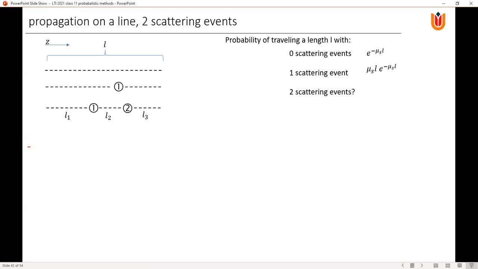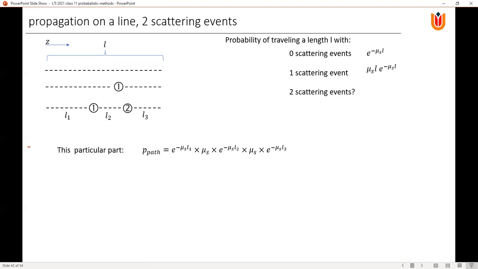All right, now how about 2 scattering events? Same length. What is the probability of transmission along this line when we have 2 scattering events? For this particular event, we would have a probability of traveling to L1, that is without any interactions, that would be this exponential term.